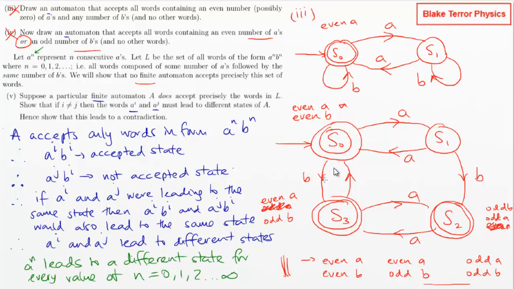I've run out of space now, so I don't know where I'm going to put it. Let's just write it here: infinite number of states, which contradicts it being a finite automaton. So we finally got that finite bit coming into play.